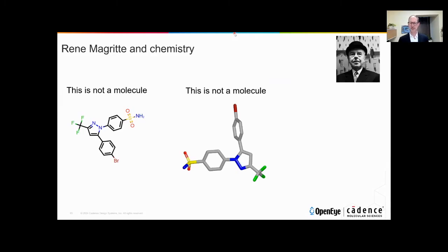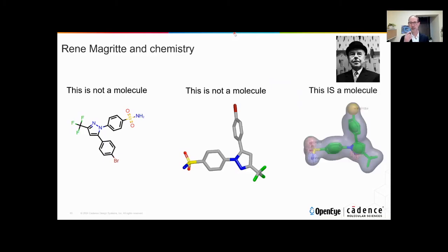More importantly, scientific studies show that proteins, receptors, don't give a rat's. They don't care at all about atoms and bonds. What they care about are shape and chemical features. They want to bind molecules that are complementary in shape to their binding site, and the protein wants to bind molecules that have complementary features, a donor on the protein, an acceptor on the ligand.